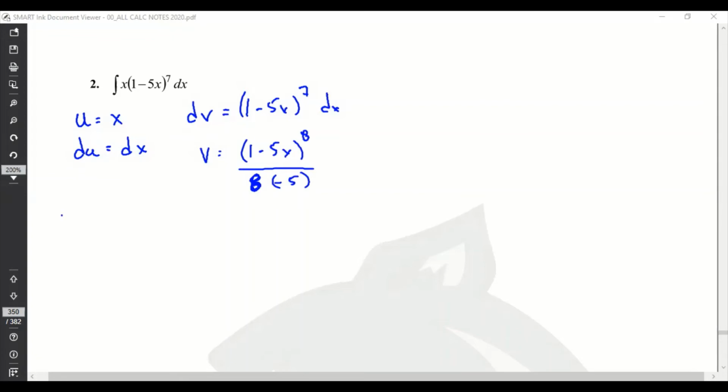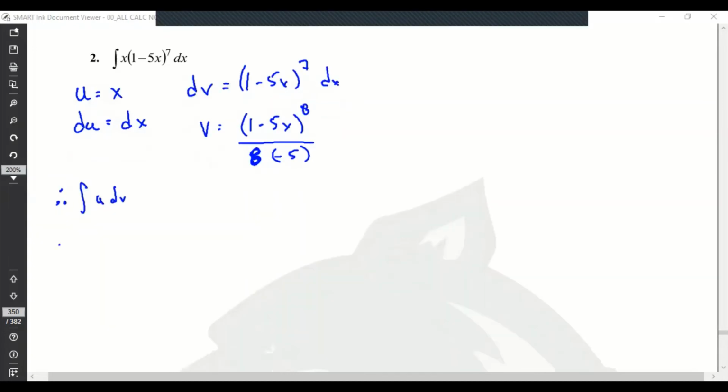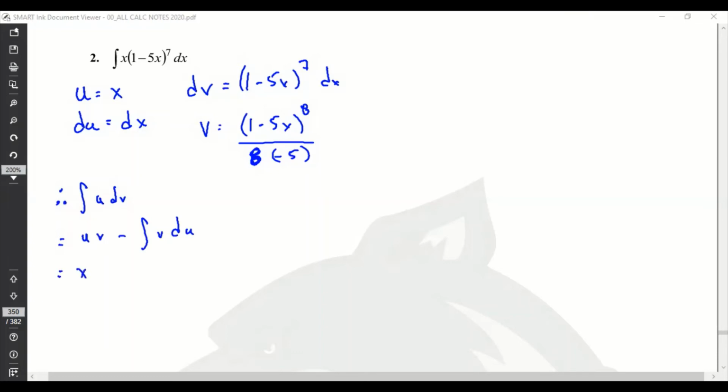So therefore, the integral of u dv is going to be equal to uv minus the integral of v du. And we start to drop these pieces in. U is just x, v is (1 minus 5x) to the 8 divided by negative 40.